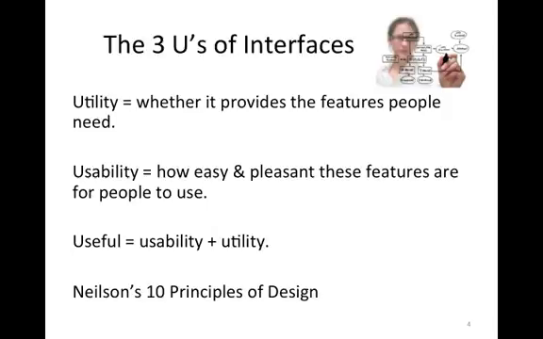I'd like to do just a few minutes talking about the three U's of interface: utility, usability, and usefulness. People, when they come to a system, generally have a task that they need to perform, whether it's ordering something from Amazon, whether it's doing a search in Google, whether it's registering their children for summer camp.